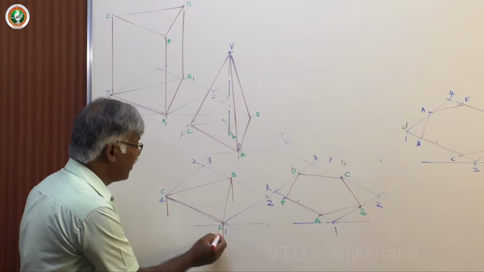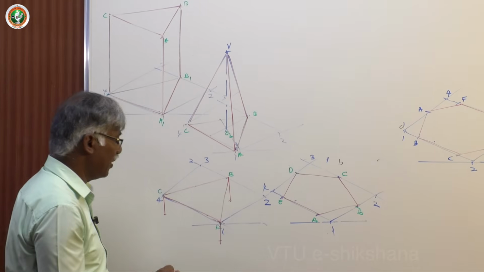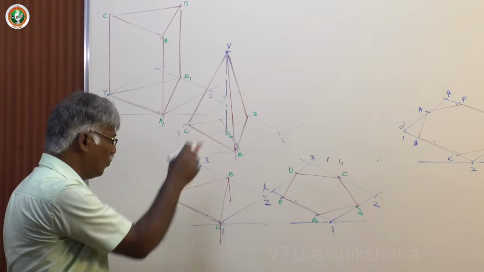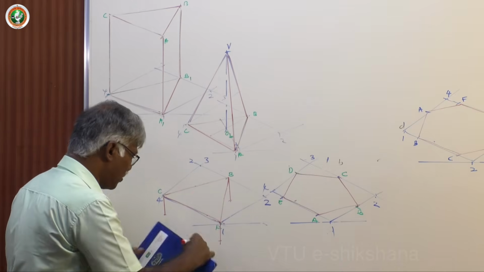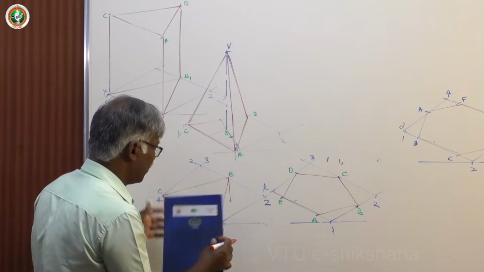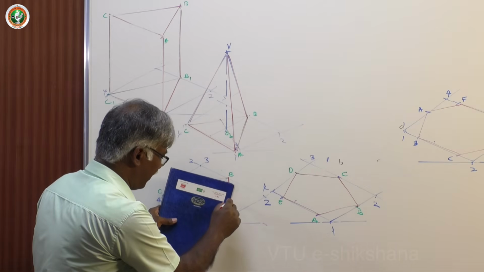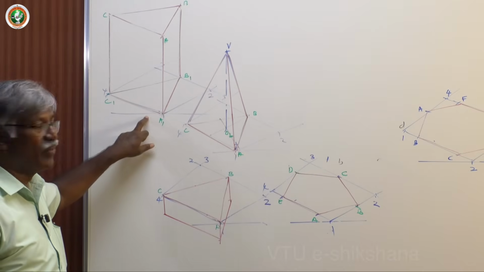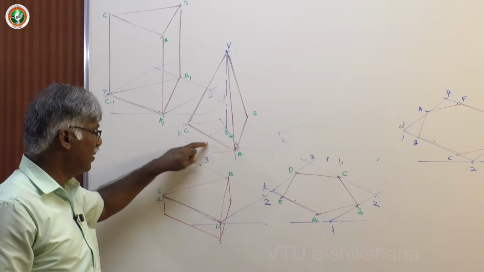Then you fix 15 mm throughout manually. If it is on a computer, you draw 3 lines, fix one, and then use equal to, and join them. That's all. Within no time, you can complete the isometric projection or isometric view, whatever. So this is the block. So prism, pyramid, block.